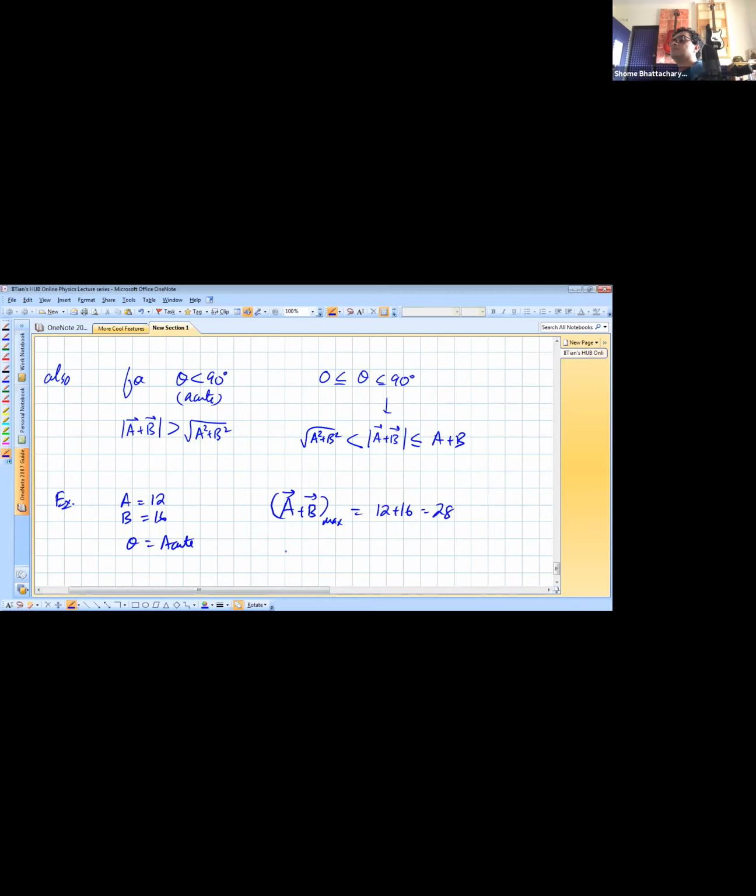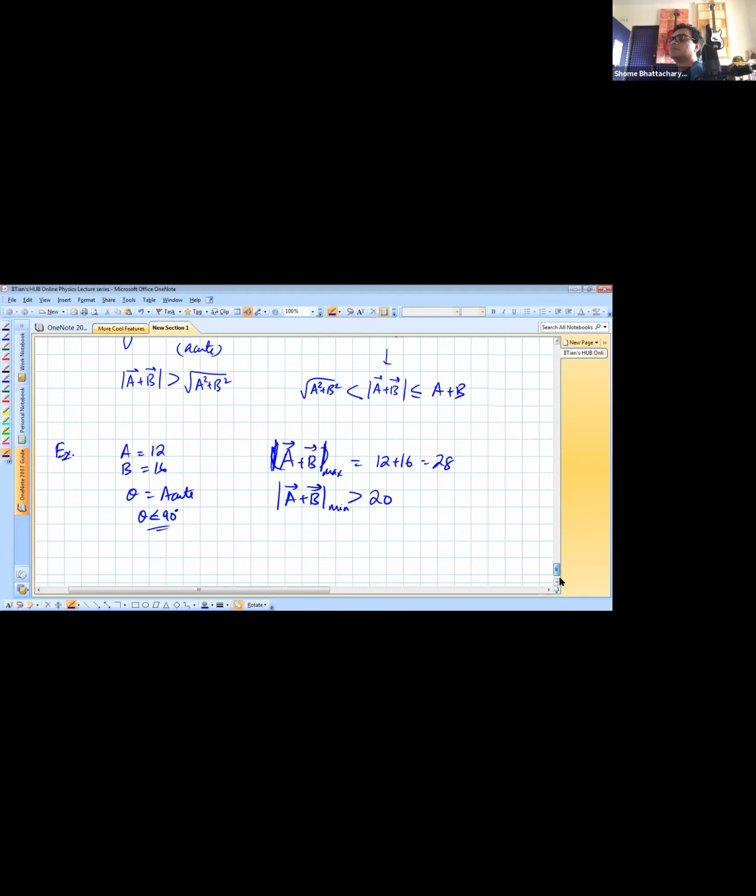But at the same time, mod A plus B's minimum value will actually be greater than 20, because theta is acute, so it can't be 90 also. Theta is less than 90. So that means the minimum value is something slightly greater than 20. So here mod A plus B is something in between 20 and 28. So it cannot be something like 19.5 or it cannot even be 20. It has to be greater than 20 but at the same time less than or equal to 28. So that is the condition of acute.